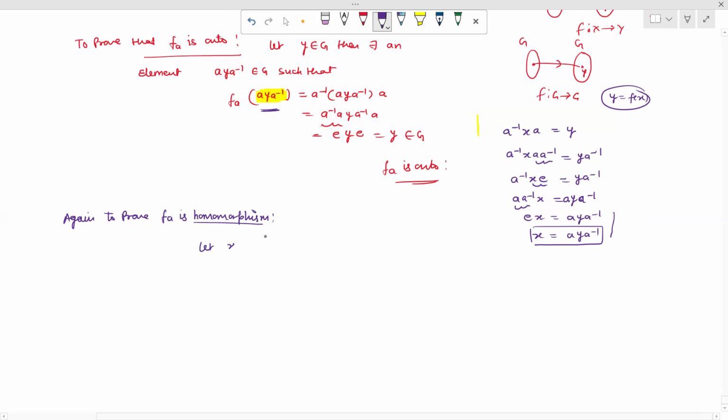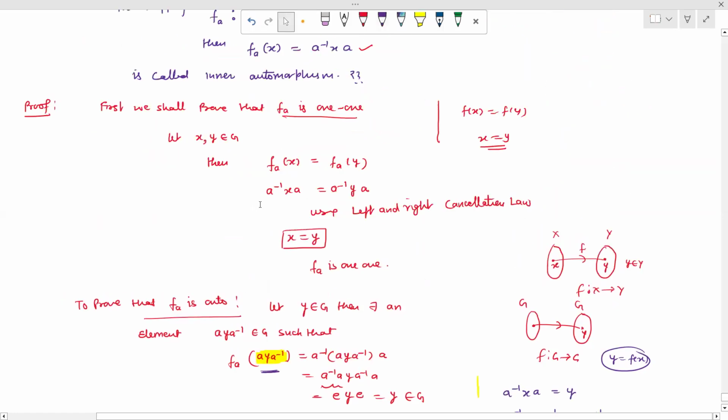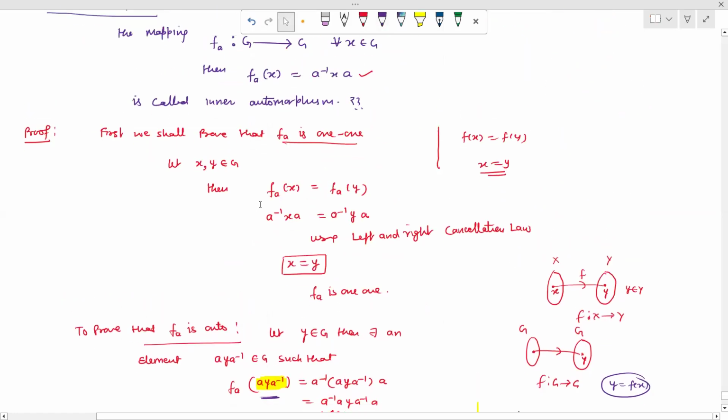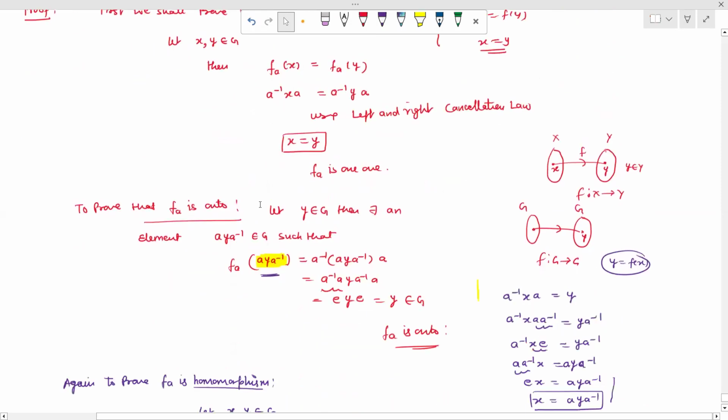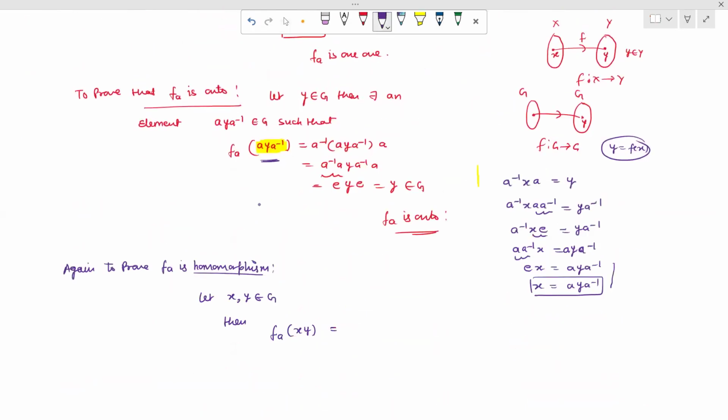So let x and y be two elements of group G. Then fa of xy is equal to, as the function is defined, fa equal to a inverse into xa. So now this can be written as a inverse into xy into a.